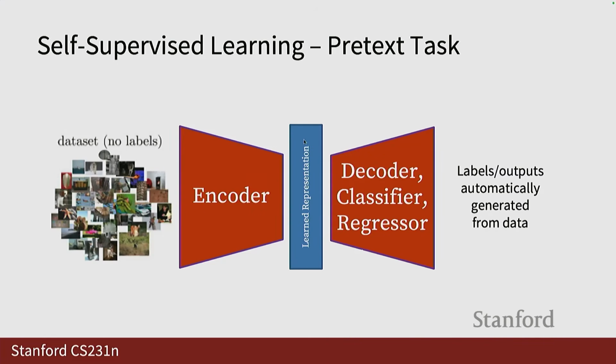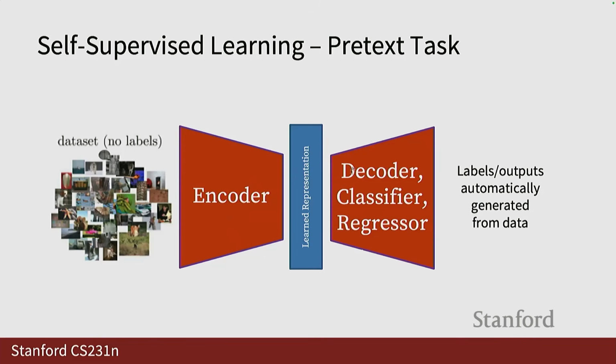The encoder often gets us some learned representations, and then another module of the same neural network transfers the learned representations into the output space, which could be labels or outputs that are automatically generated from the data. They are not manual annotations.